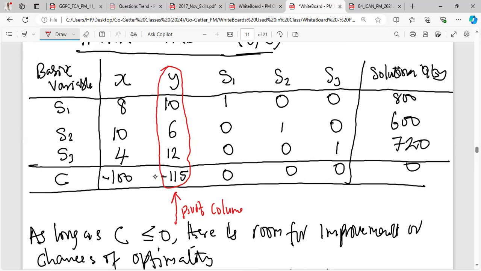Now, what does a pivot column mean? It means that this basic variable y, that is a king in that column, is going to take its seat in the basic variable. So this y will be transposed.